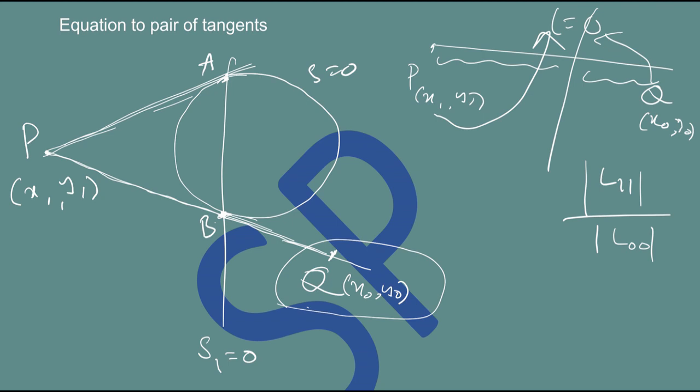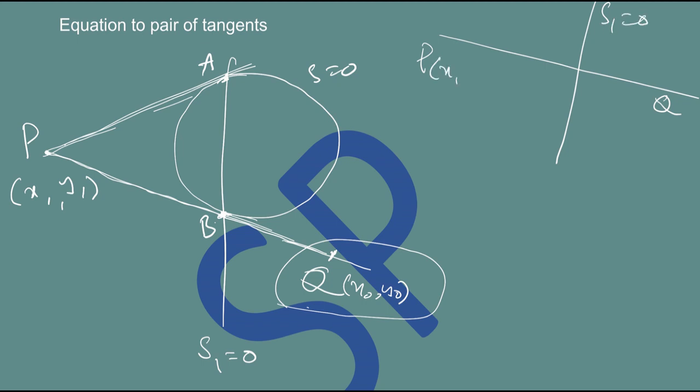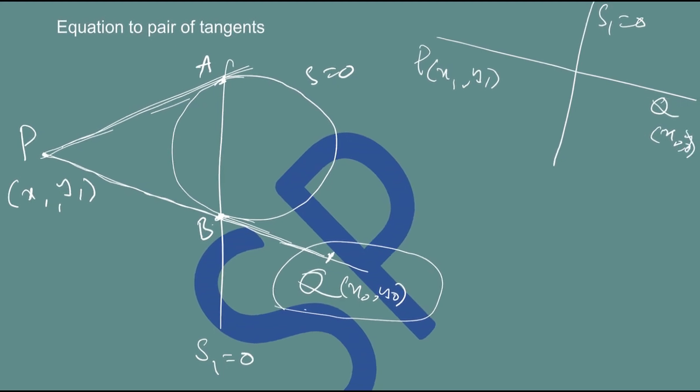I have the same situation here. Observe that the line segment PQ is getting divided by the line S1 equal to 0. This point is (x1, y1), this point is (x0, y0).